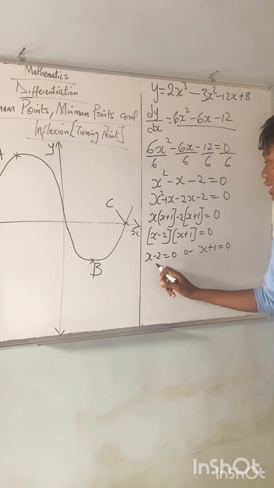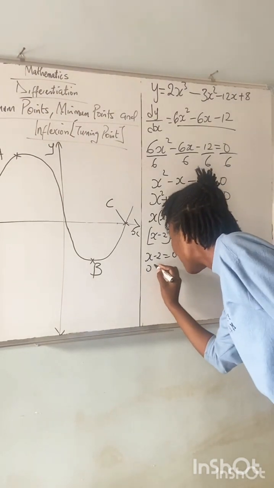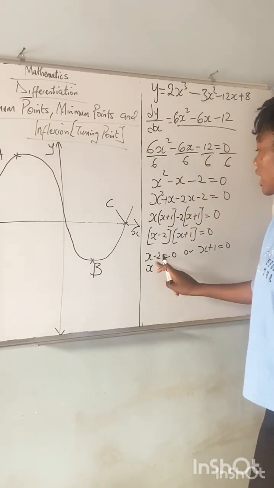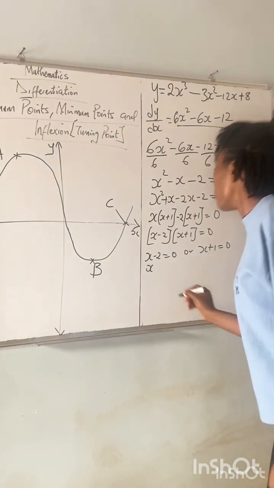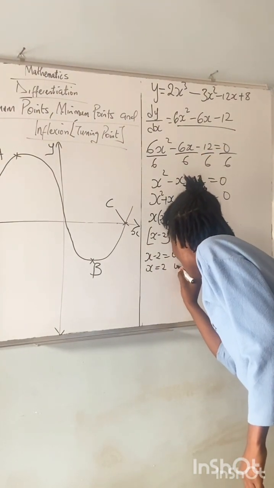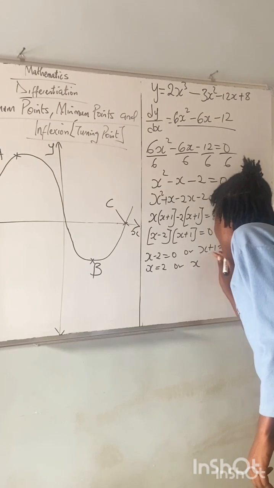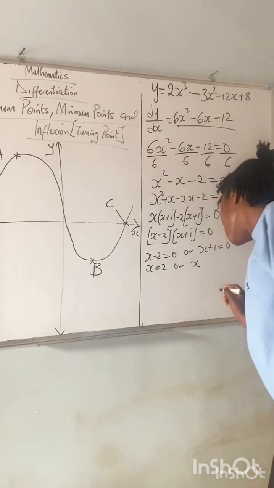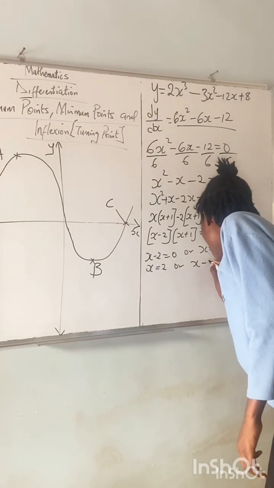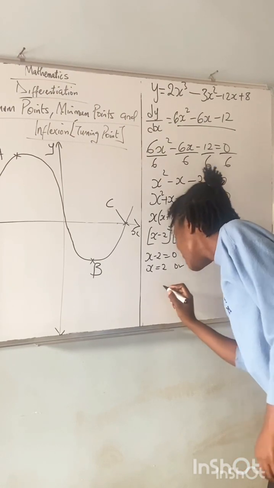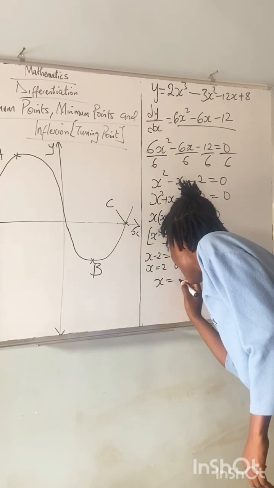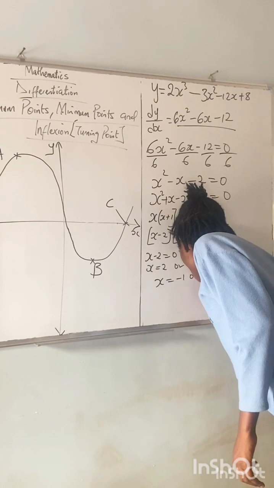In solving, making x the subject, we take our minus 2 to the other side. We have that x is equal to 2, or when we take 1 to the other side, it becomes minus. x is equal to minus 1. So let's rearrange: x is equal to minus 1 or 2.